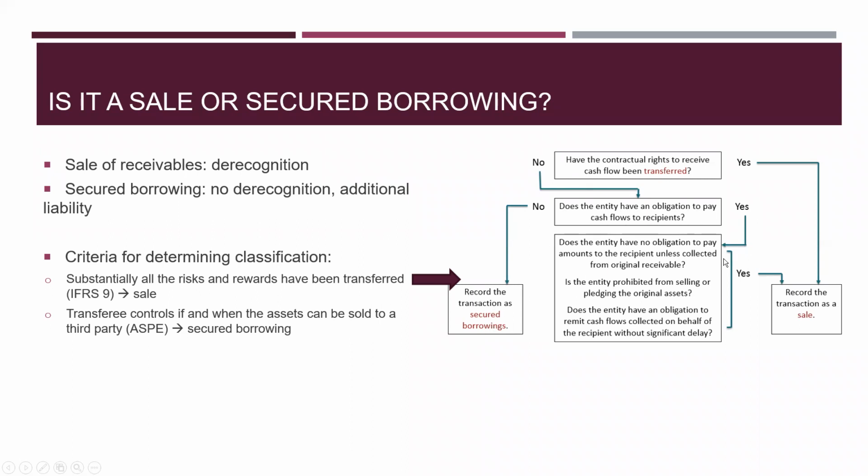But if the answer is yes, then we look at: does the entity have no obligation to pay amounts to the recipients unless collected from the original receivable? Is the entity prohibited from selling or pledging the original receivable? Does the entity have an obligation to remit cash flows collected on behalf of the recipients without significant delays? If the answer to any of those is yes, then we are necessarily looking at a sale.